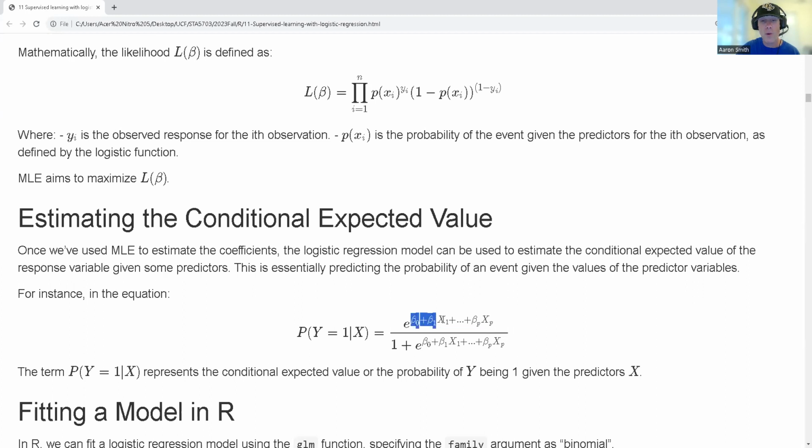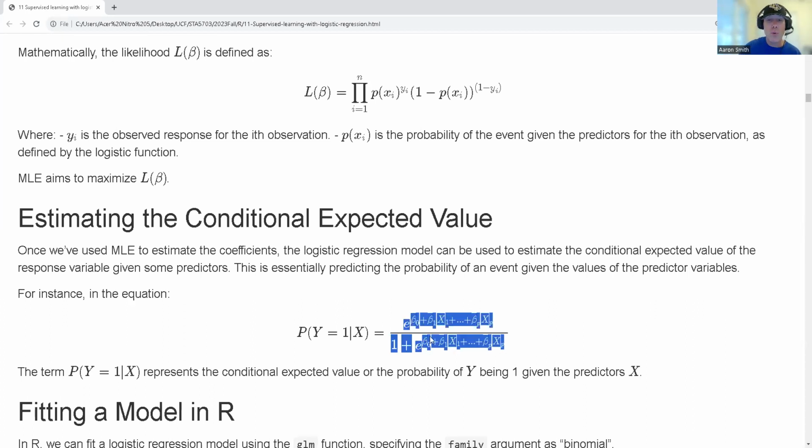If this linear combination is large and positive, then that e term is going to be large and positive. So I'm going to have a large positive value divided by 1 plus a large positive value. Think about your calculus for a moment. Let's say I have a million divided by a million plus 1. The difference between a million and a million plus 1 is negligible.